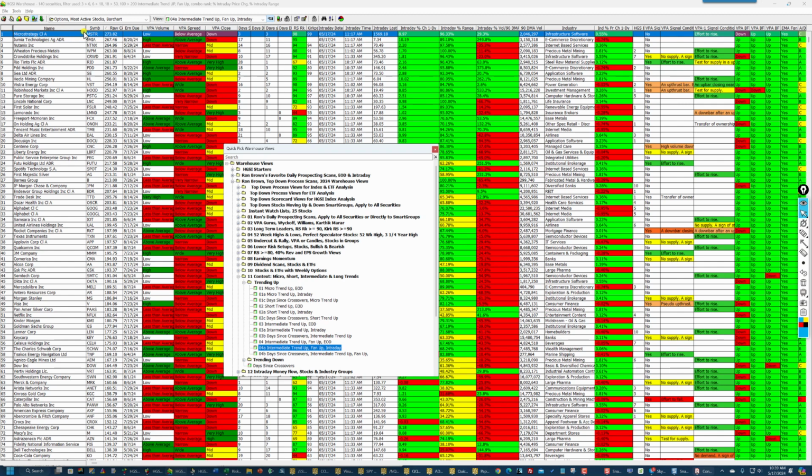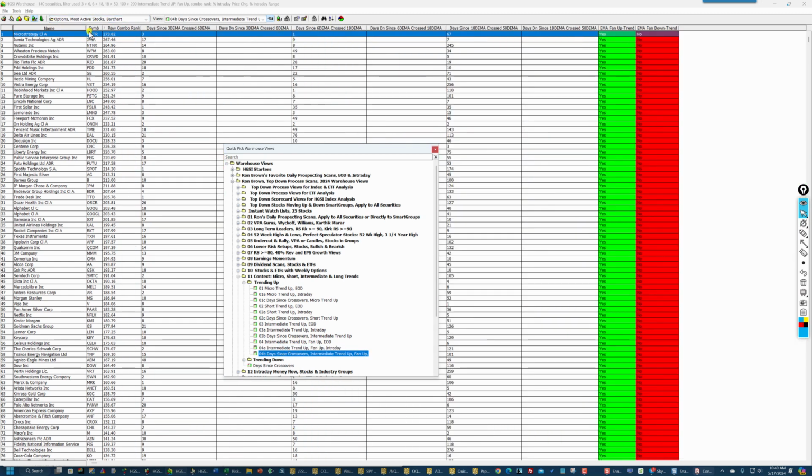So looking at this MicroStrategy, which is closely tied to Bitcoin, it's leading the pack today, and in the past you could see when the crossover was on the 3-6 and the VPOC, but what I've done here with this days since the crossover, MicroStrategy is still at the top, and I can see immediately not only the 3-6 crossover, but the days since the 6 crossed the 18 and the days since the 18 crossed the 50, and if there is a fan uptrend.